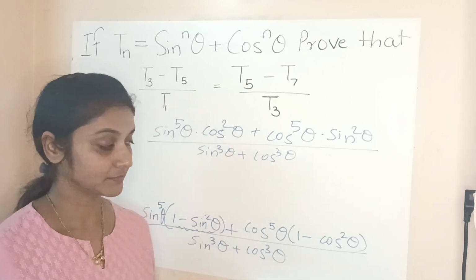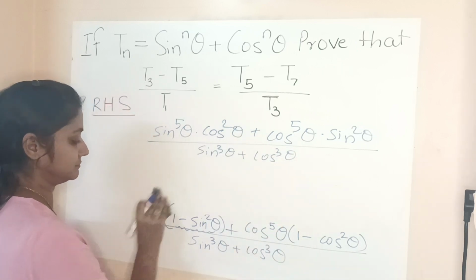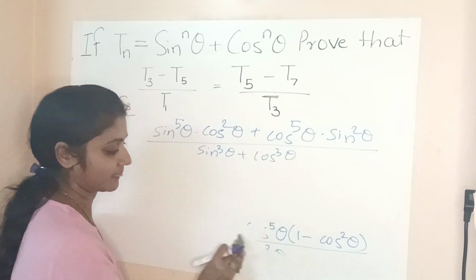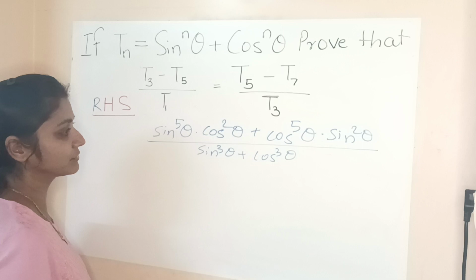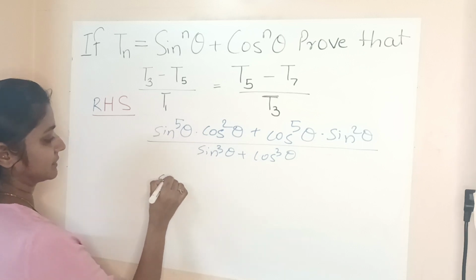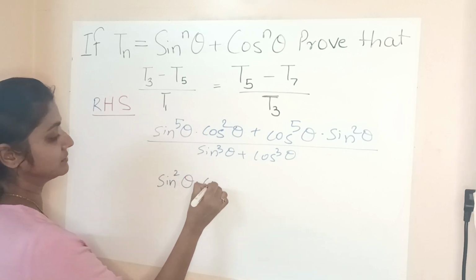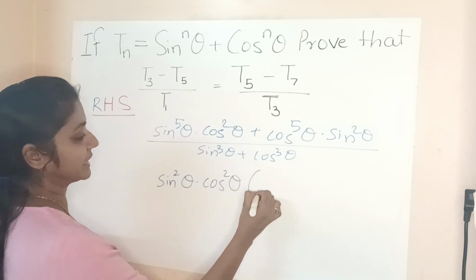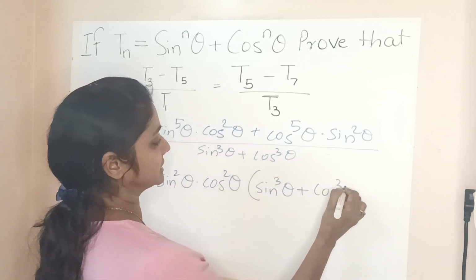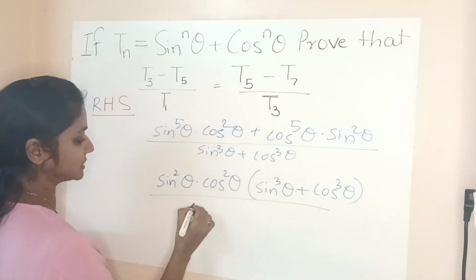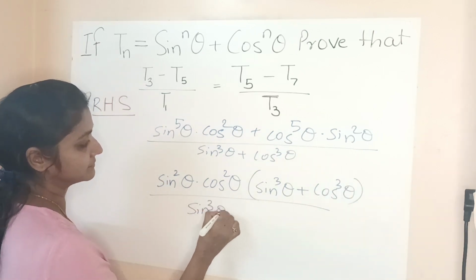Easy? Now, what's going to come out common here? Sin square theta into cos square theta. The bracket will give you sin cube theta plus cos cube theta. This bracket has come to cancel with the denominator.